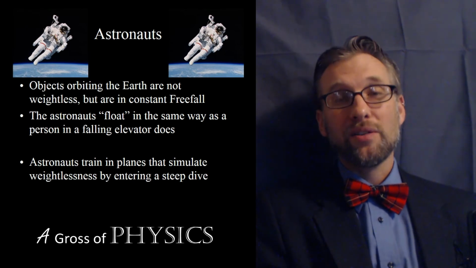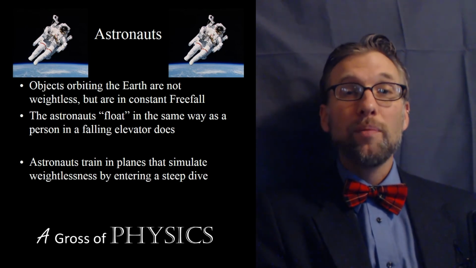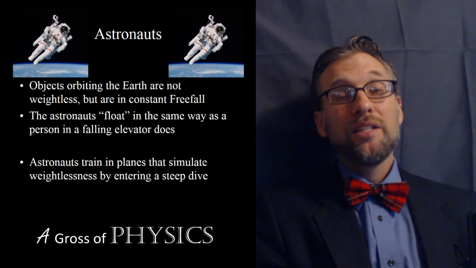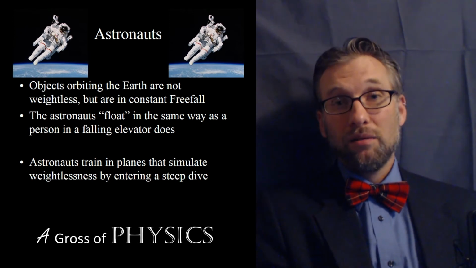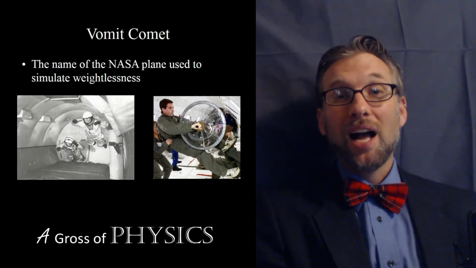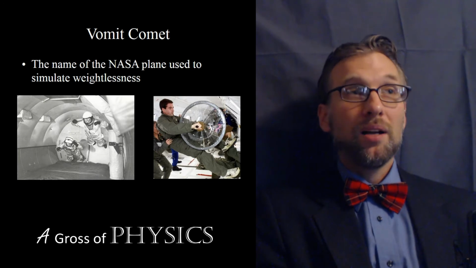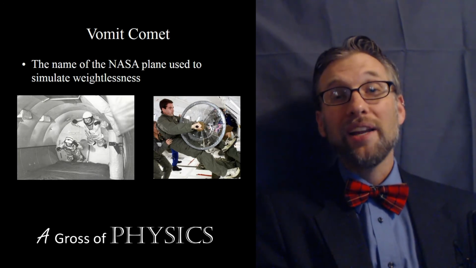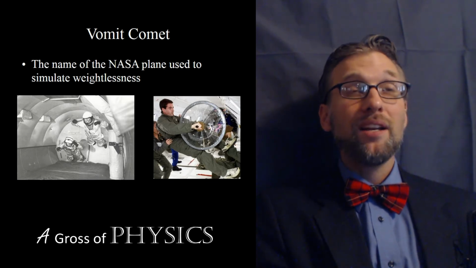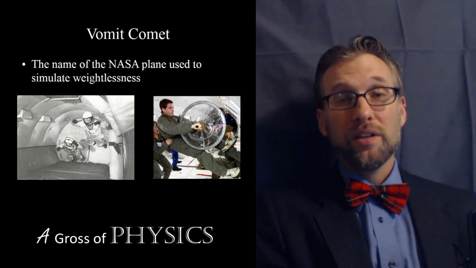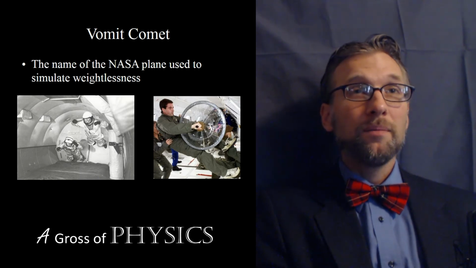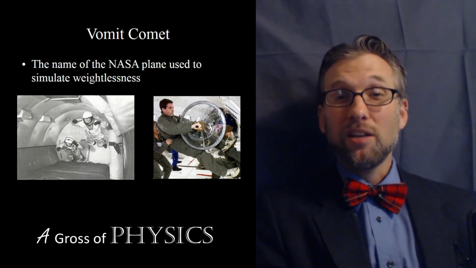Often the training exercises for astronauts are to go up into a big airplane and then dive toward the Earth to simulate weightlessness. This is called, anecdotally, the vomit comet, because most people become sick when they're riding on this for the first time. So astronauts train near the Earth's surface for this apparent weightlessness in space because of the effects on their body. They have to get used to it.